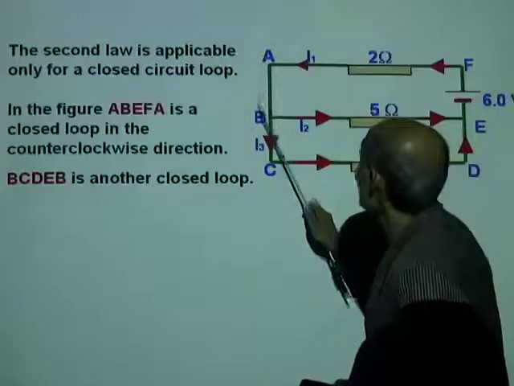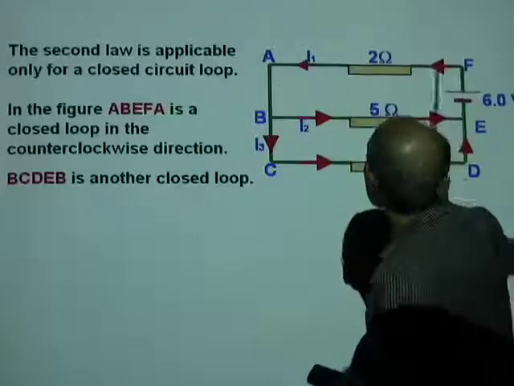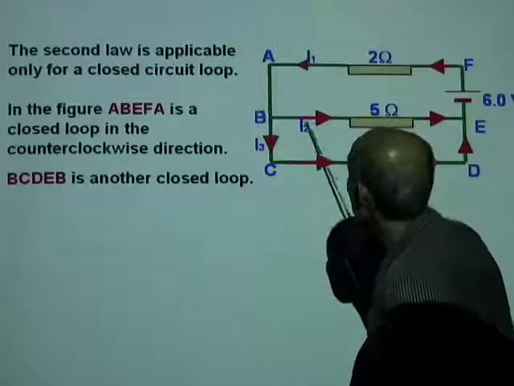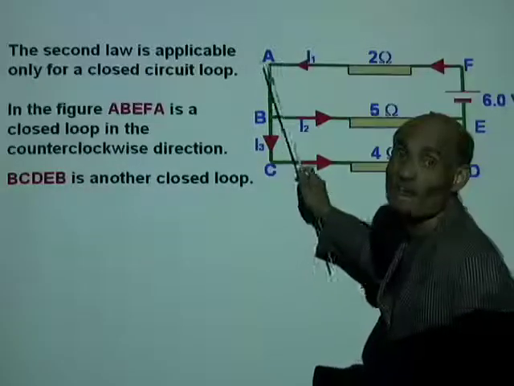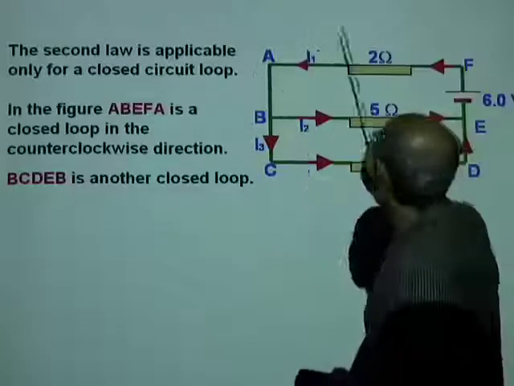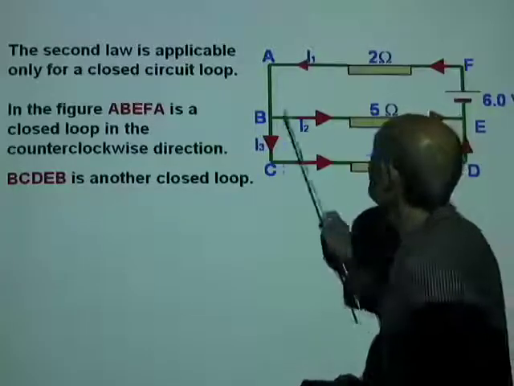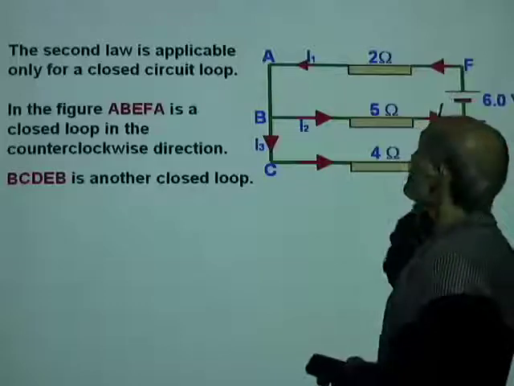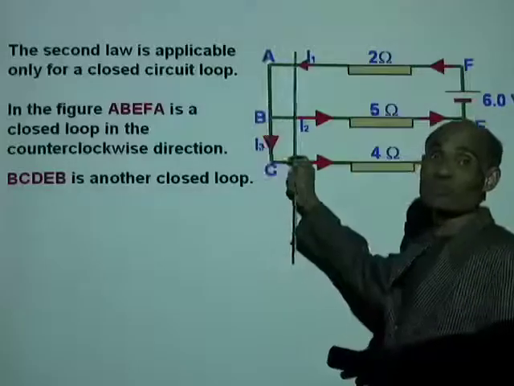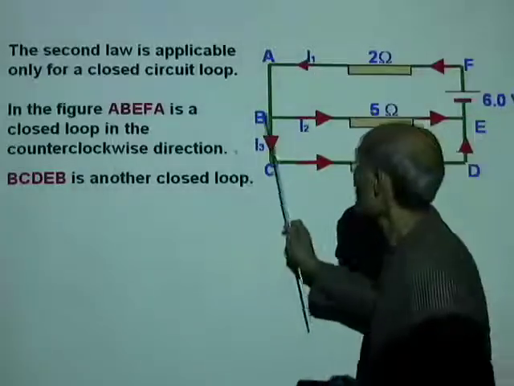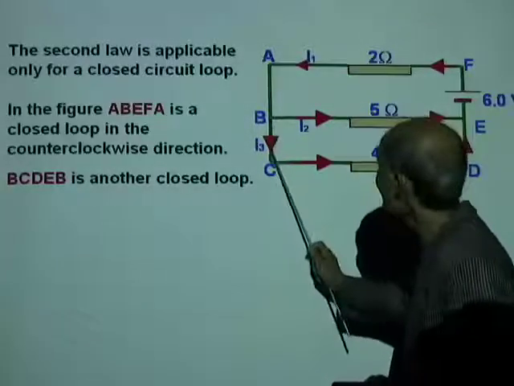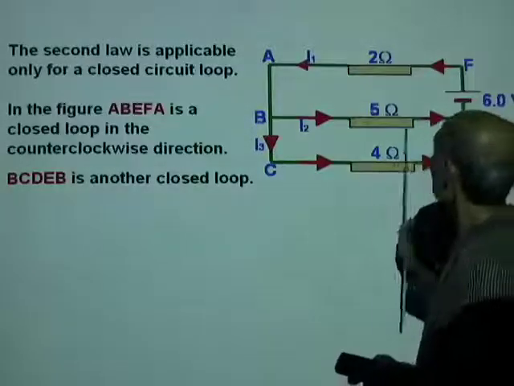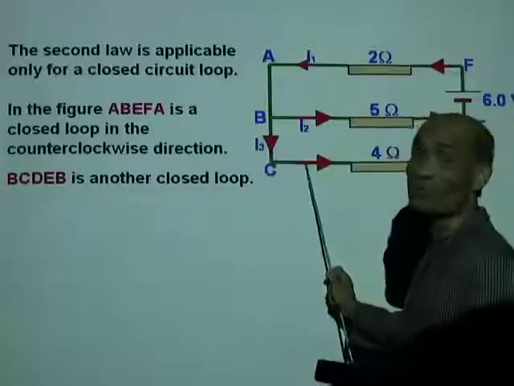A, B, E, F, A is a counterclockwise loop. If I name it the other way around, A, F, E, B, A is a clockwise loop. How about B, C, D, E, B? That is another counterclockwise loop.